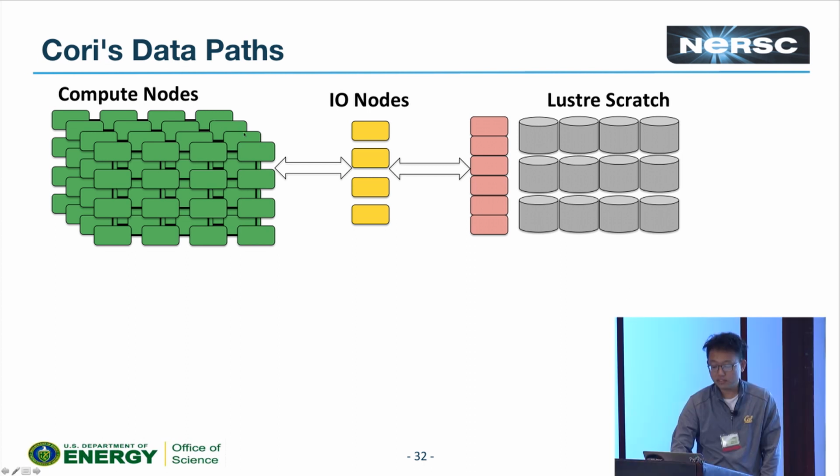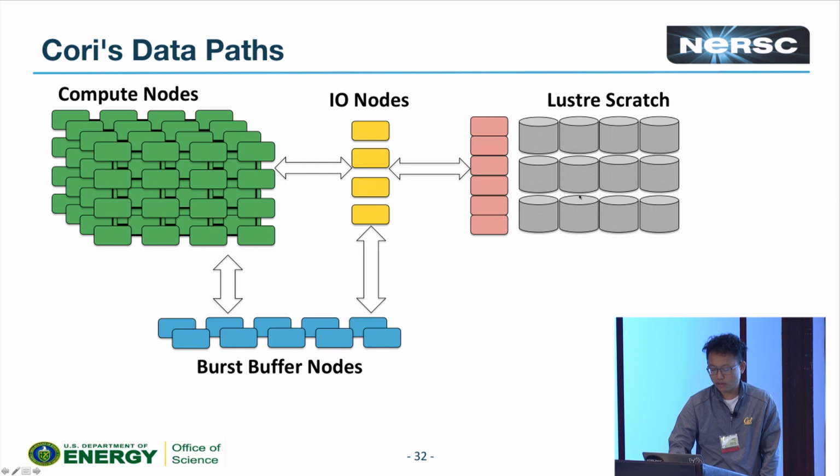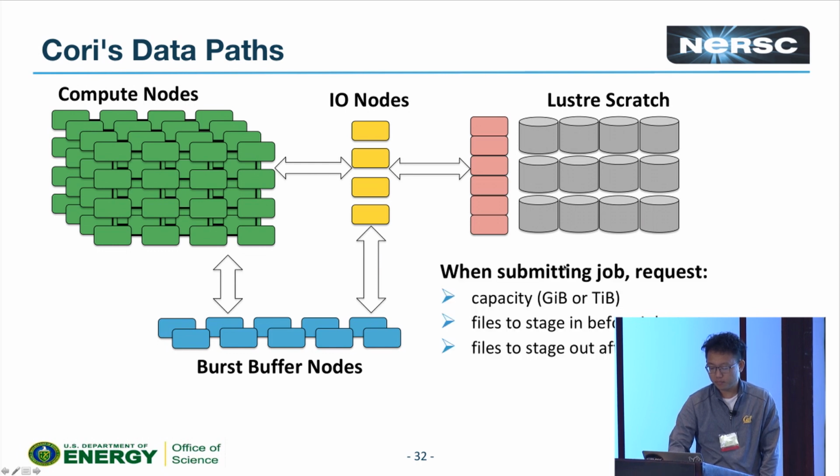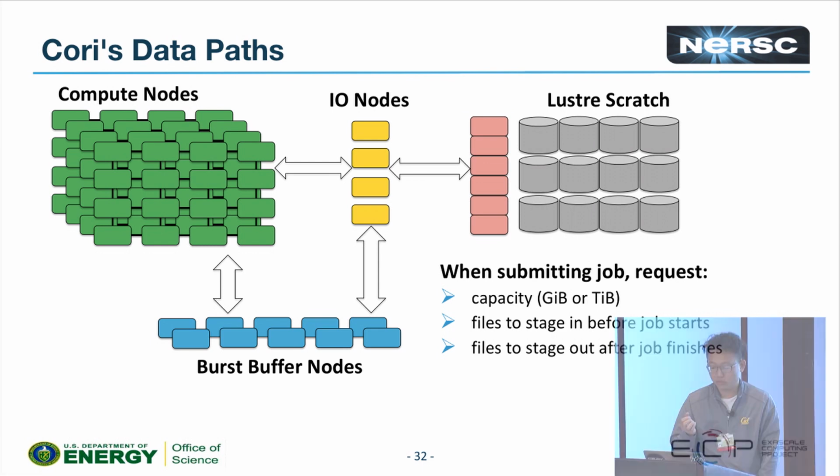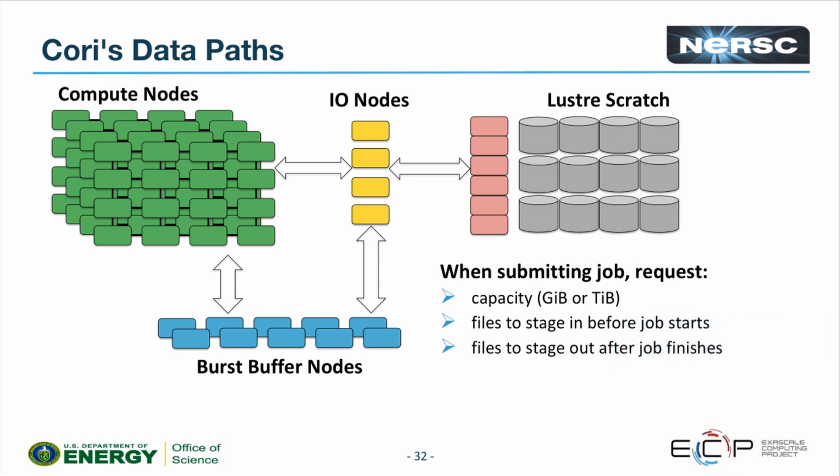So this diagram shows how burst buffer works. When you launch your application, you request the capacity. You basically ask for some burst buffer nodes to be used. And you can also specify whether you want to stage in your inputs onto burst buffer.